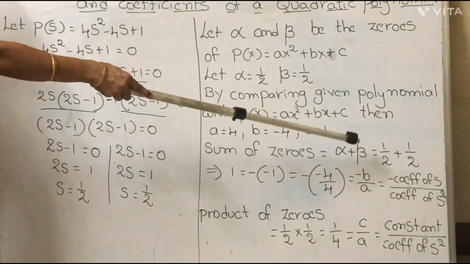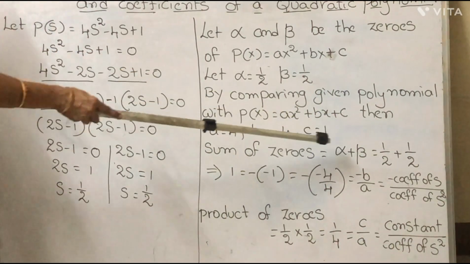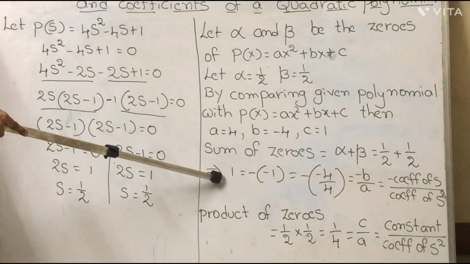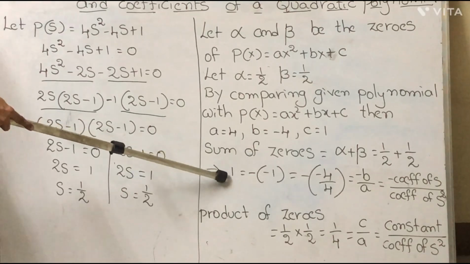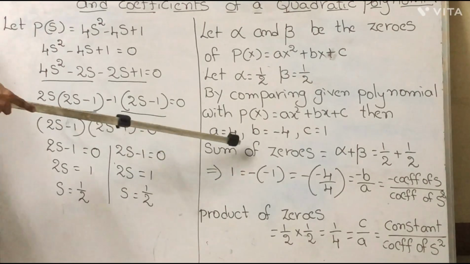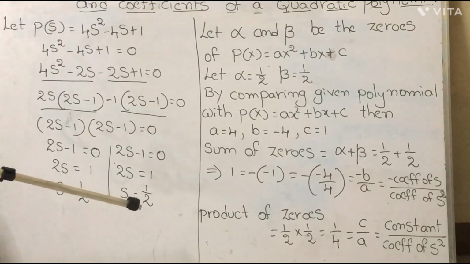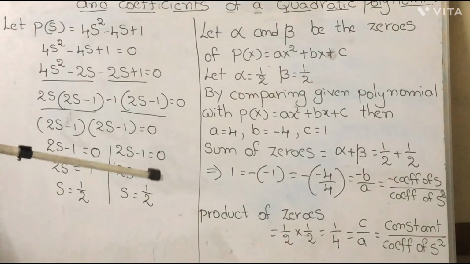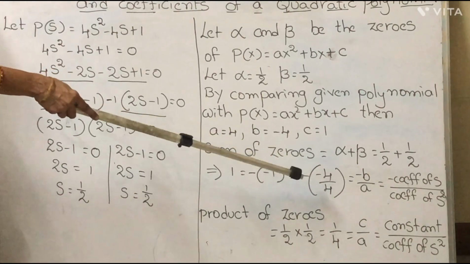Both zeros are the same, so like rational numbers, add the numerators. So 2 by 2 becomes 1. Half plus half is 1. Now we know that the sum of zeros formula is minus b by a. This you have to remember. That is, alpha plus beta is minus b by a.